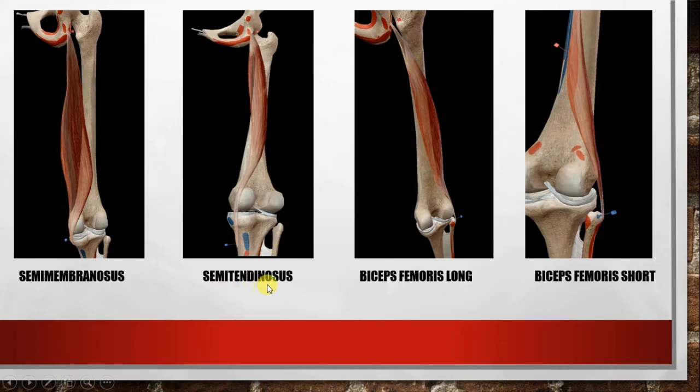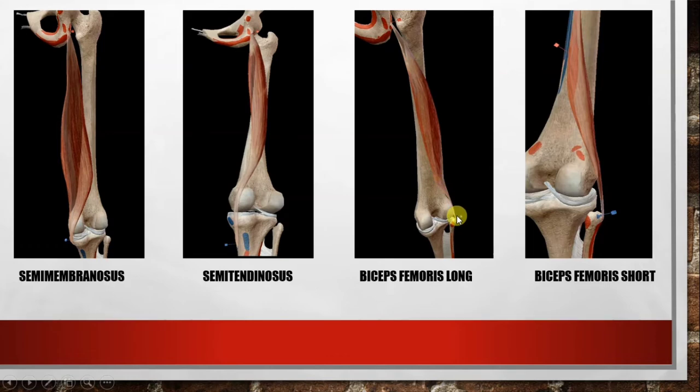So semitendinosus also arises from the ischial tuberosity and attaches towards the medial side of the tibia via pes anserinus, as I have discussed. Now the biceps femoris long head also arises from the ischial tuberosity. So remember the common origin of the posterior thigh muscles: the ischial tuberosity.